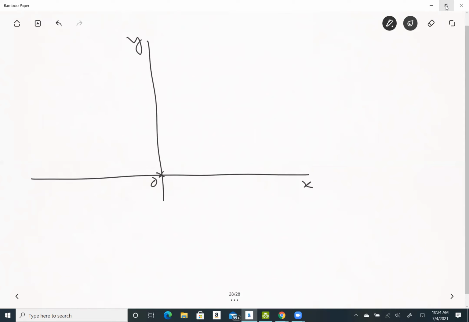On the left, from negative infinity, the function is decreasing, so you draw it like this. After that, increasing. So that is the graph of x squared. The function y equal to x squared roughly looks like this.